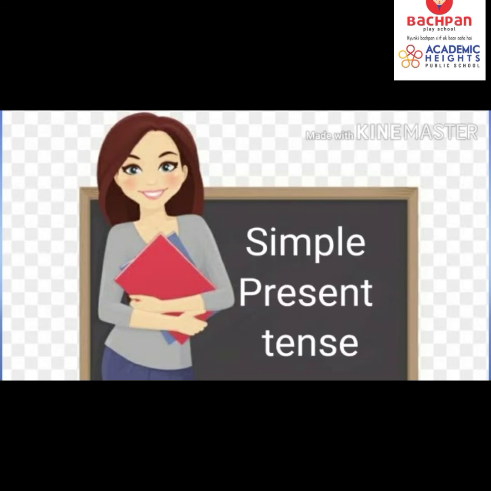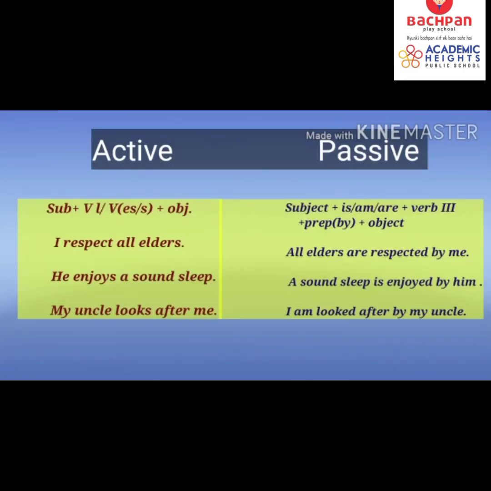Let's see how we change in simple present tense. The formation of a sentence in active voice is subject, verb first form, and object. When we change into passive, it will be like this: subject, and we use is, am, are according to the subject. Then we use the past participle and the preposition by with the object.